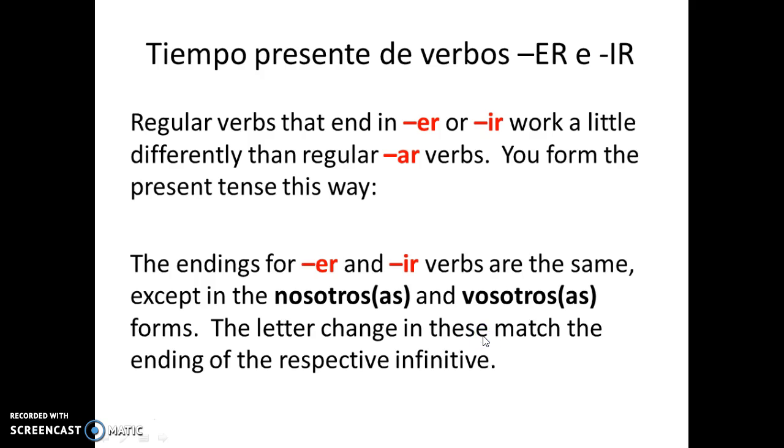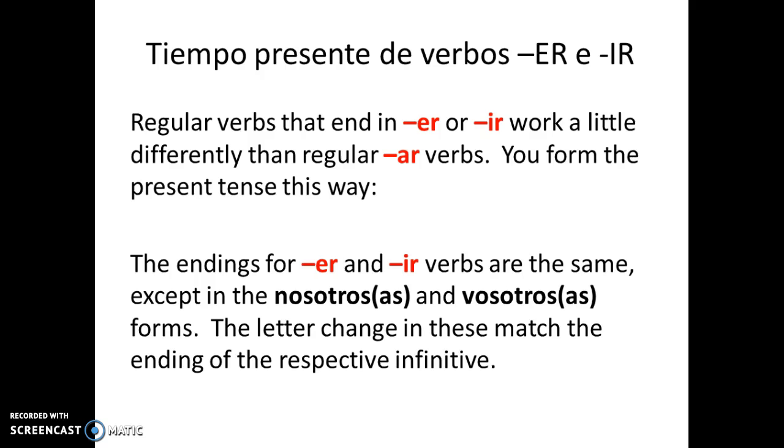Regular verbs that end in ER or IR work a little differently than regular AR verbs. You remember that the conjugation of AR verbs sounds like this: o, as, a, amos, áis, an. To form the present tense of ER and IR verbs, you do it this way. The endings of the verbs are basically the same, except in the nosotros, nosotras, and vosotros, vosotras forms.